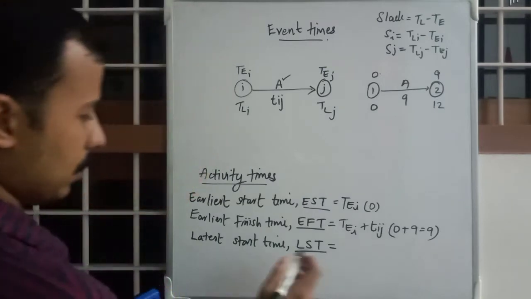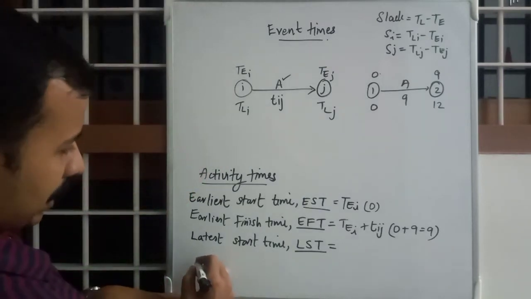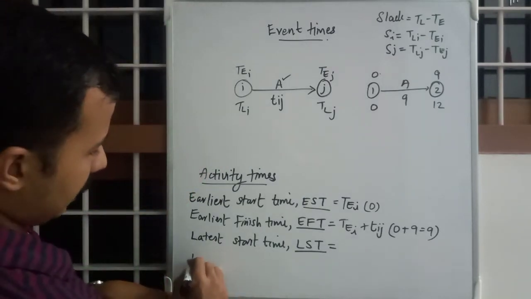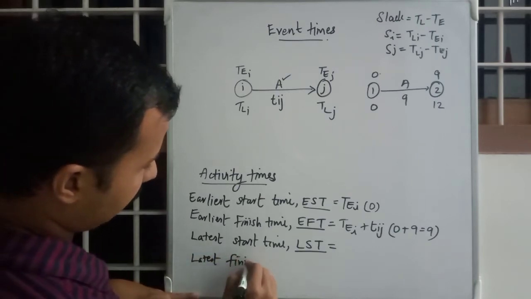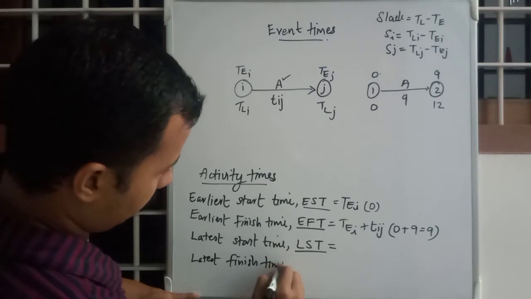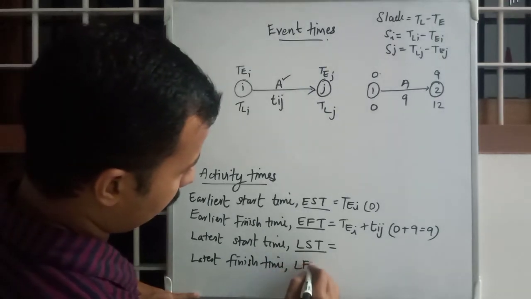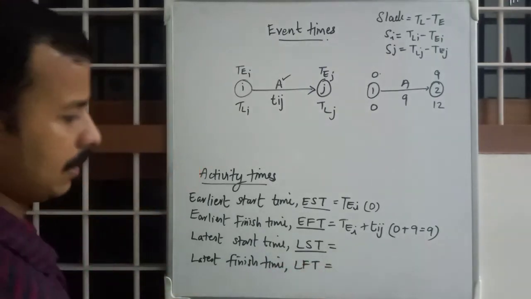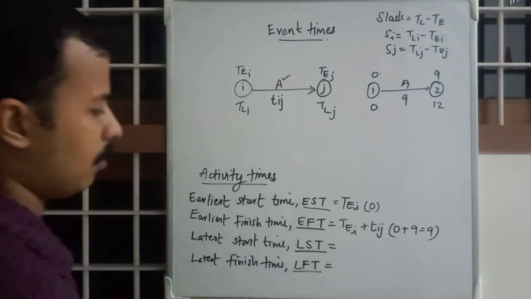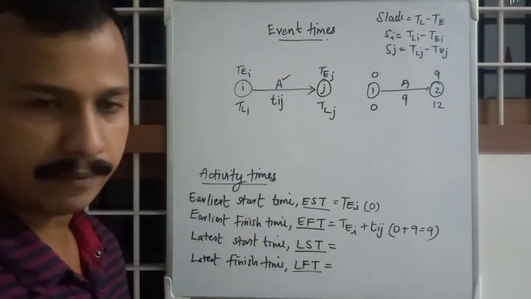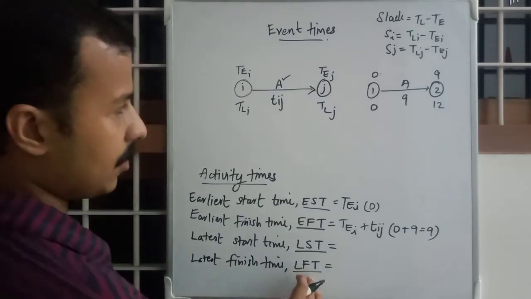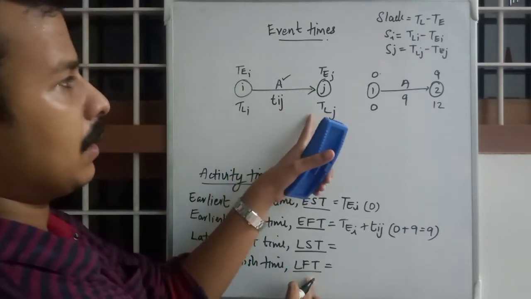Next, the last one, latest finish time, that is LFT. What will be the latest time of finishing of activity A? You can get that directly from these two values.